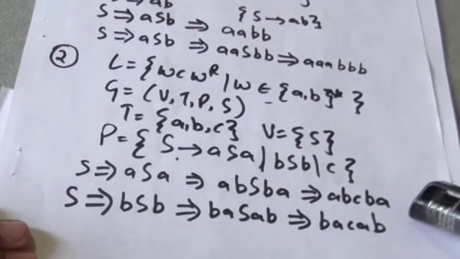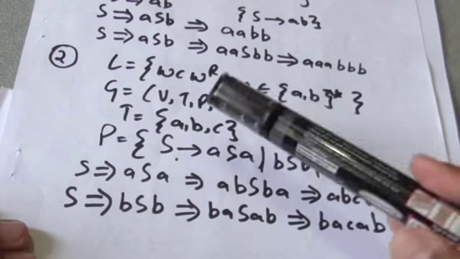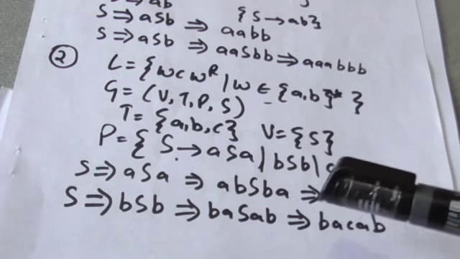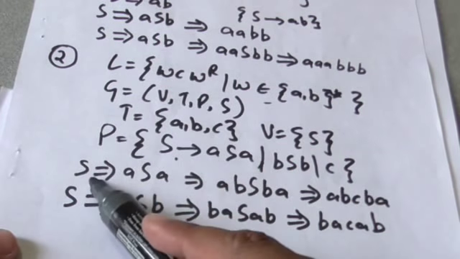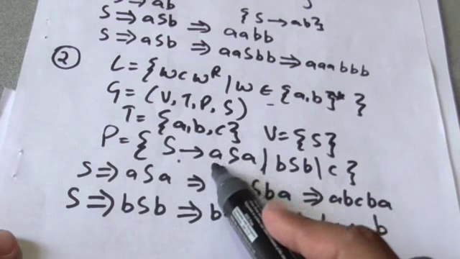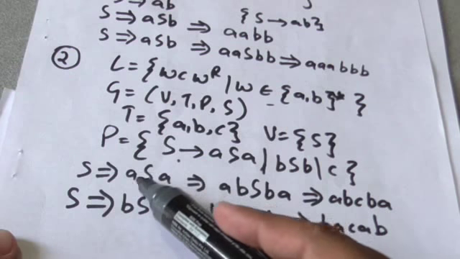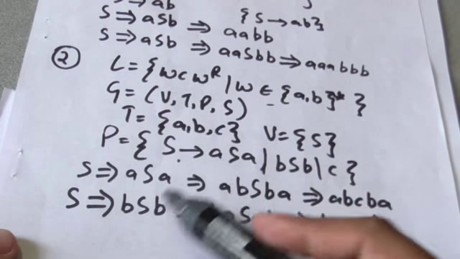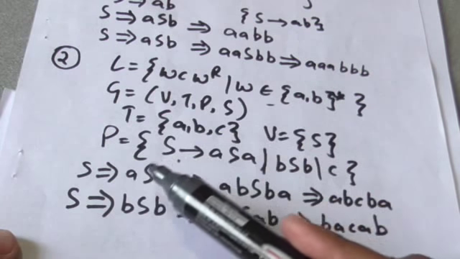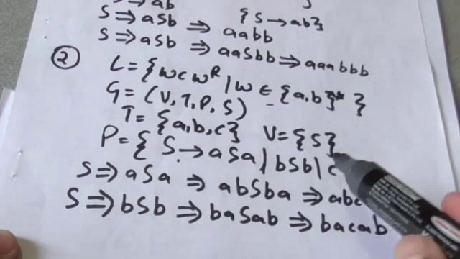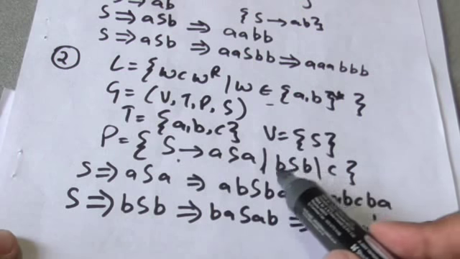So let us derive a few strings by using the production rules of this grammar G of language L. We start derivation from S. Here we have used the production rule S derives aSa, so we have replaced the S by aSa. Now again we have applied another production rule S derives bSb.